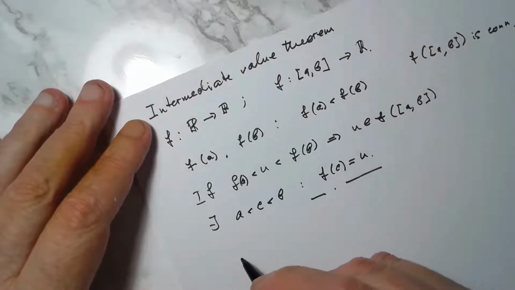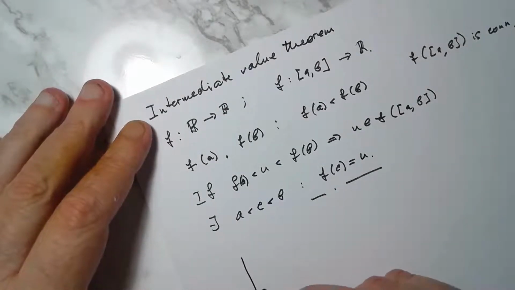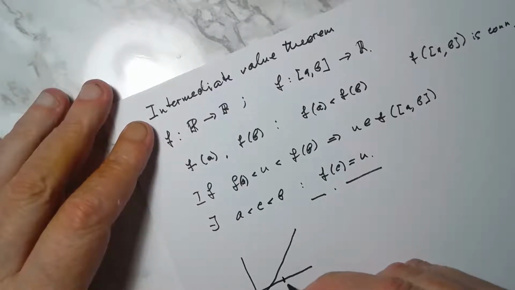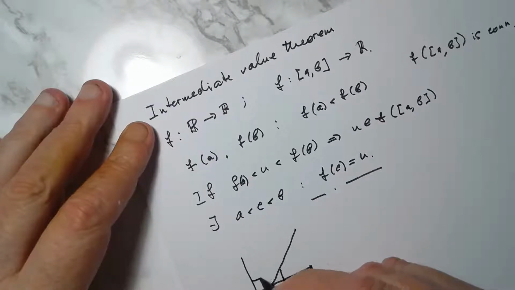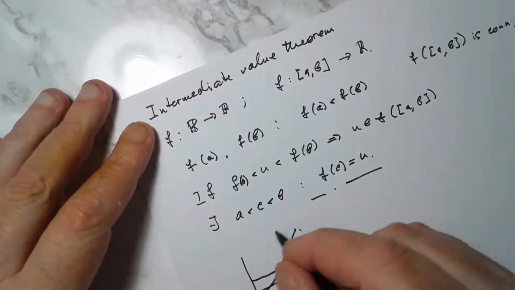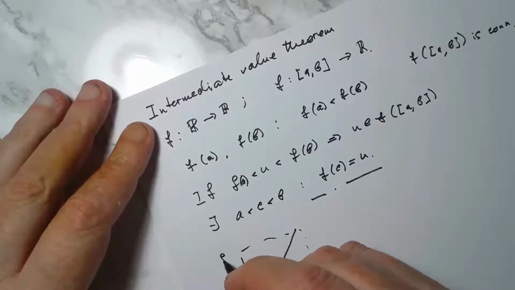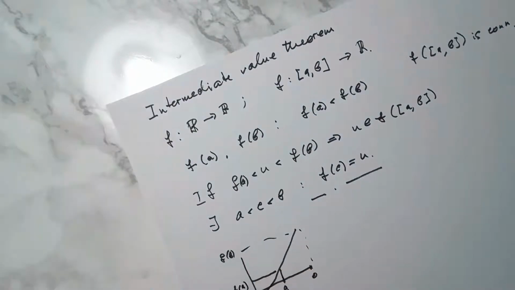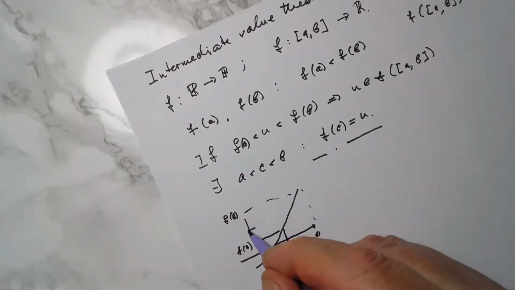So what does the intermediate value theorem say? It says that if I have a continuous function, let's say that looks like this, and this is A and this is B, so this value is f of A and this value is f of B, then I will take any value in between here.